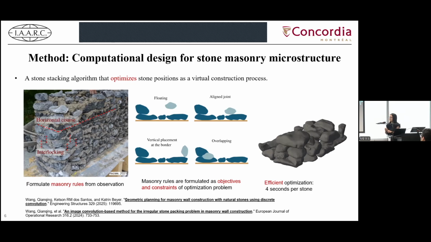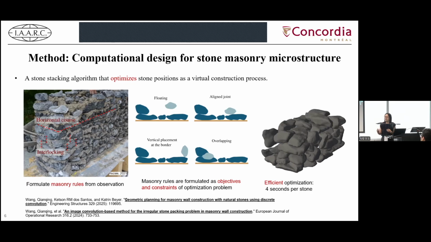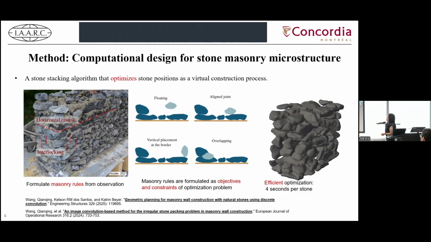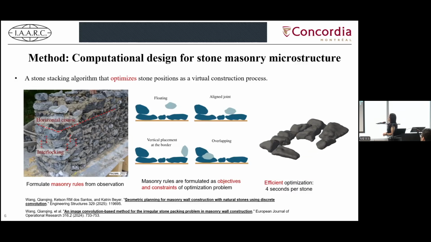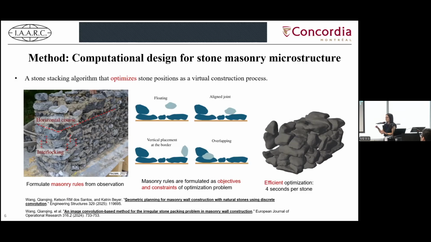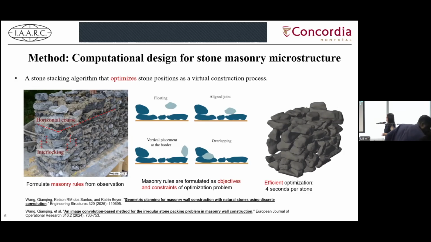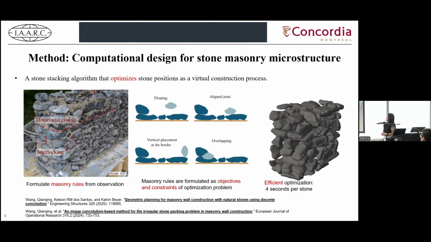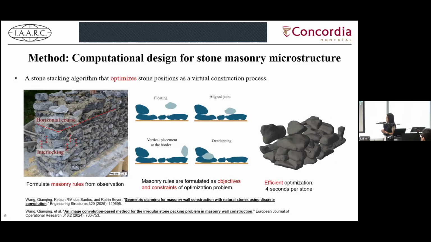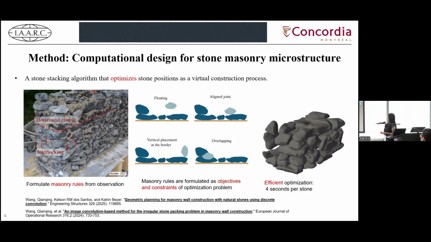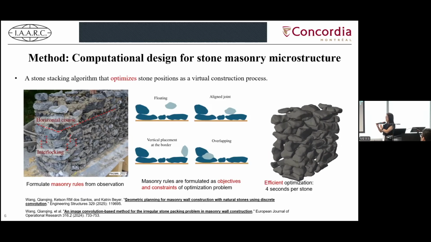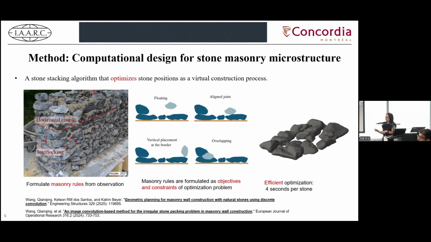At the start of the project, we first need to know where each stone should be for the robot. For this, we developed a computational design method, or we call it a stone stacking algorithm, that mimics the behavior of masons in stacking stones in a virtual environment. To develop such a method, we drew some masonry rules from practice, such as that masons normally don't put stones with the joints aligned, and they always shift the joints to form a little bit of interlocking.